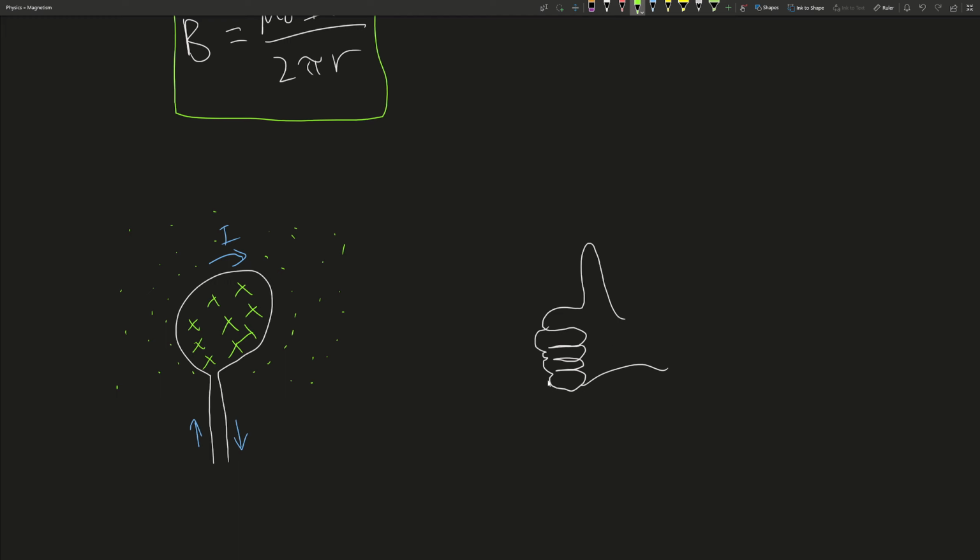If these fingers curl in this direction, which is the current, then the direction of the magnetic field inside of the loop is going to be the direction of the thumb. So this is inside of the loop.